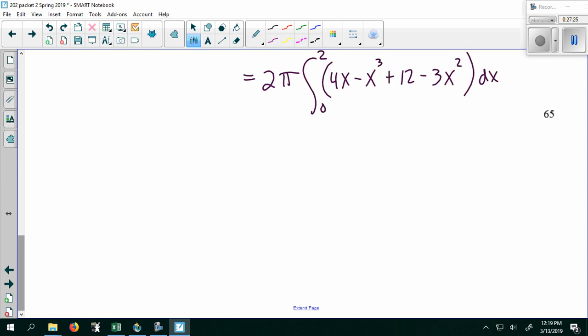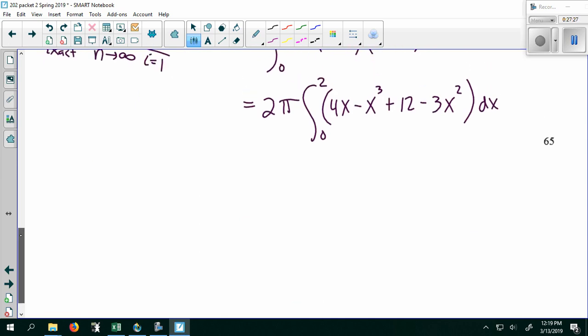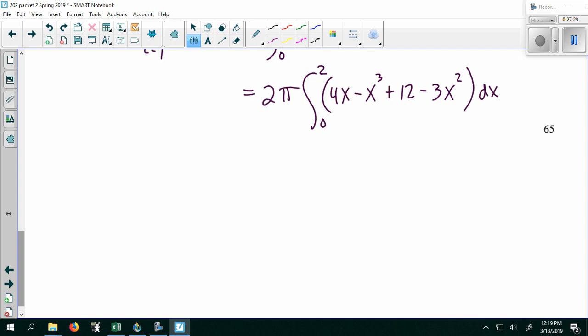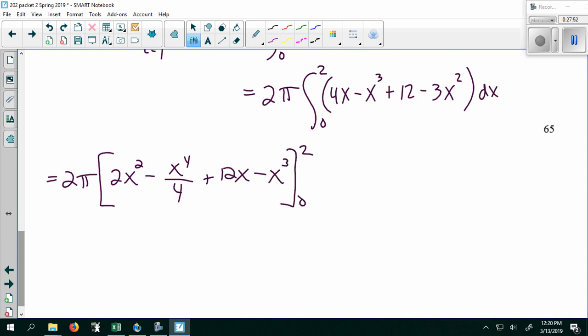So I can now just integrate term by term and use the fundamental theorem of calculus. So I'll write this out over here. So 2 pi times, I'm going to integrate term by term. So the antiderivative of 4x would be 2x squared. Antiderivative of x cubed is x to the 4th over 4. 12x minus x cubed evaluated from 0 to 2.